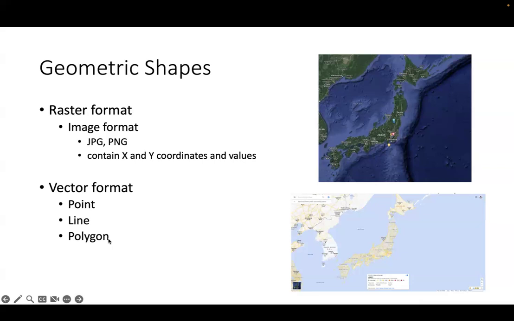For example, if I want to represent a highway, I represent it using lines. If I want to represent a place, let us say University of Aizu, I represent it as a point or polygon. So this is the representation of vector format.